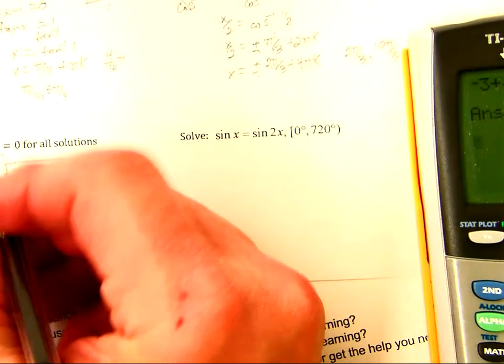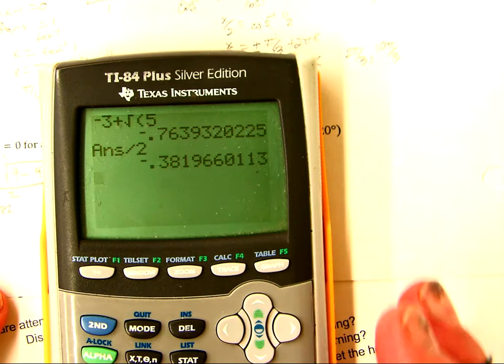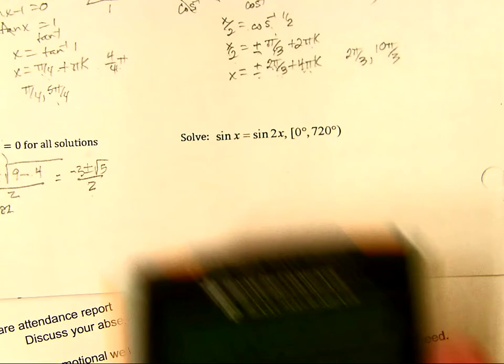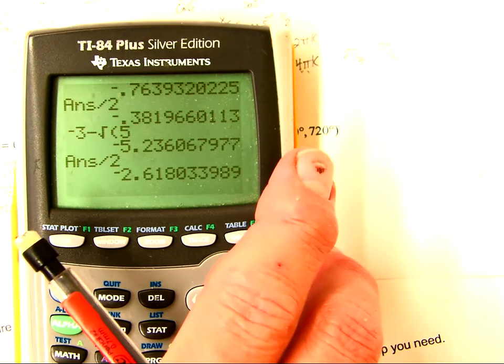Actually, I'm sorry, let's round that off to 0.382. Let's do the other one, negative 3 minus the square root of 5, divide that by 2. I get negative 2.618.